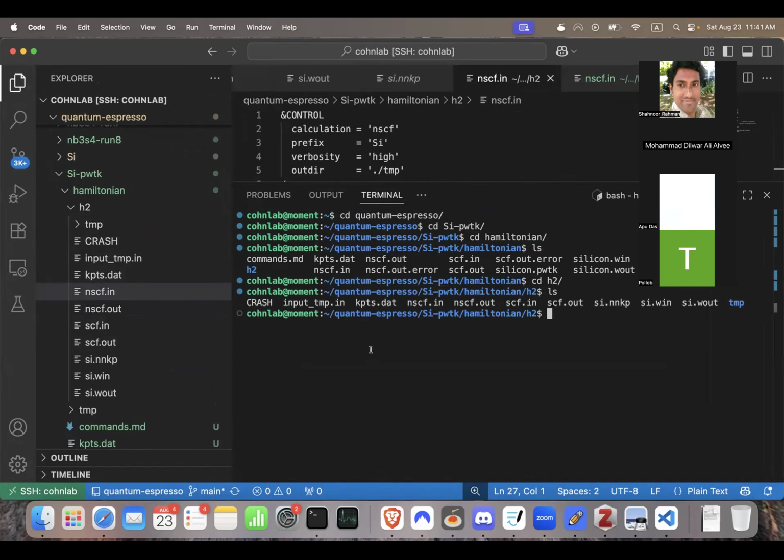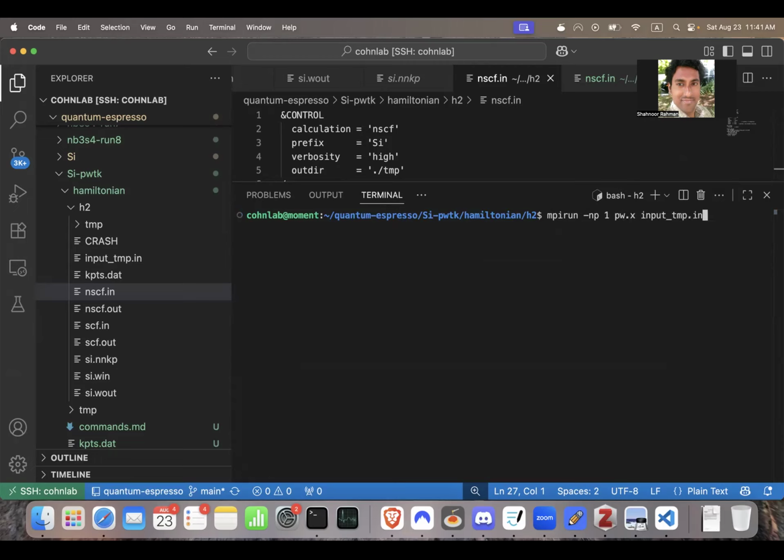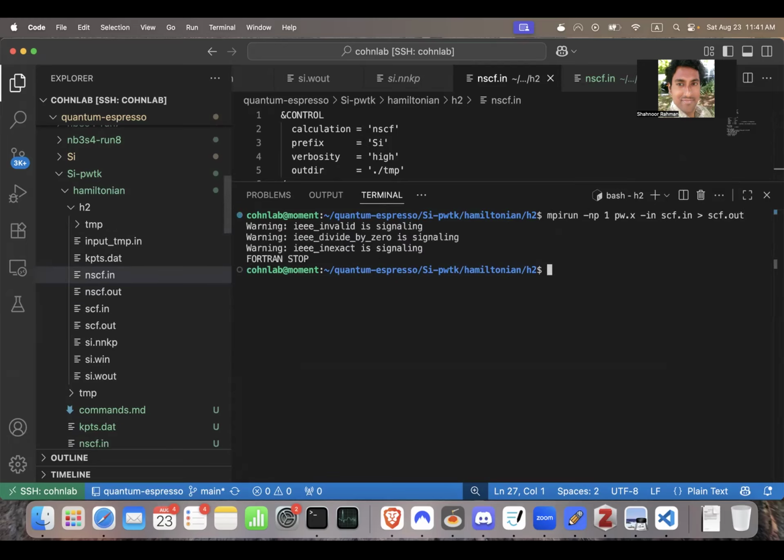And if I run the SCF computation, mpirun -np 1 pw.x with scf.in and output to scf.out, it's completely fine, it works.